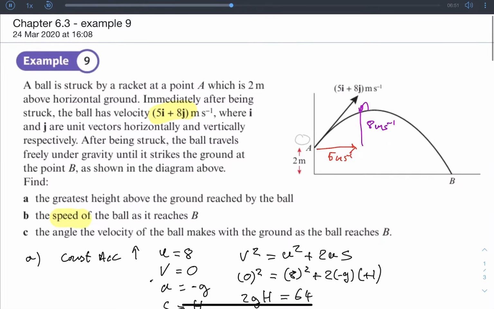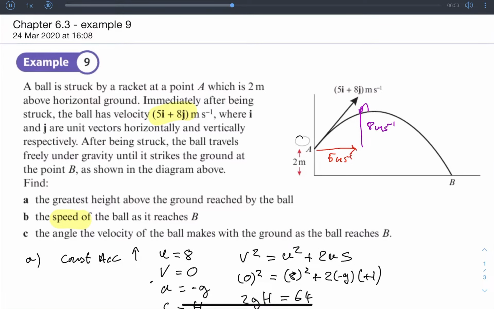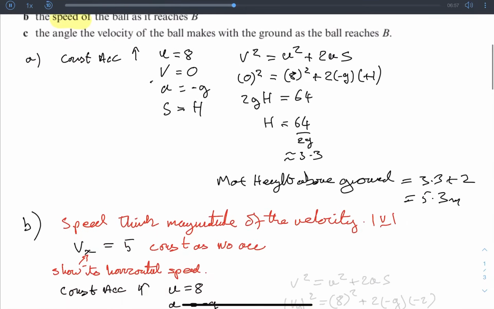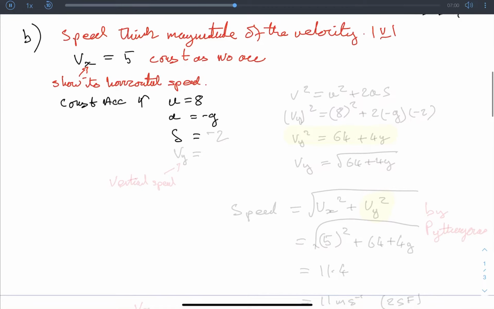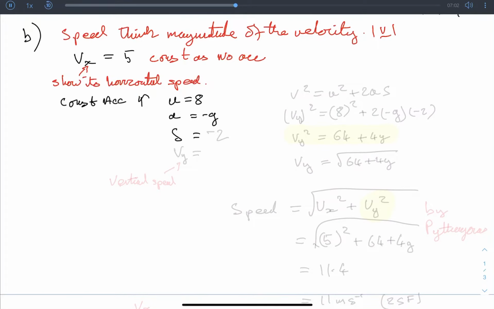It's probably easiest to put the 0 at the starting point, A, and therefore B is at a height negative 2. So s equals minus 2 when it hits the ground.